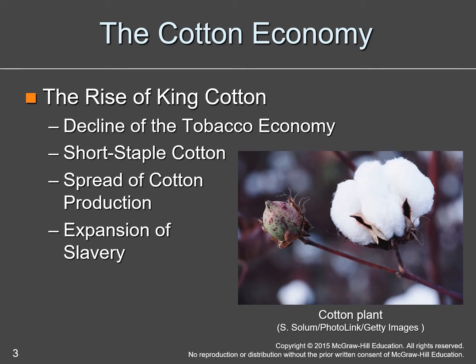What happens is they turned to short staple cotton, and short staple cotton was easier to grow, but it had seeds in it, so you had to pluck the seeds out, which made it not very practical. But what happens is, if you remember, Eli Whitney invents the cotton gin in an attempt to try to get rid of slavery, actually makes slavery more profitable.